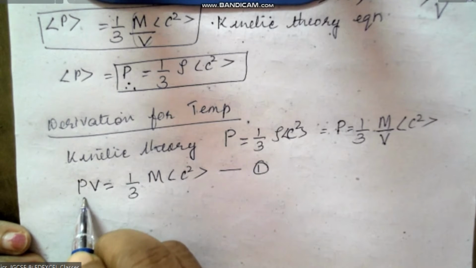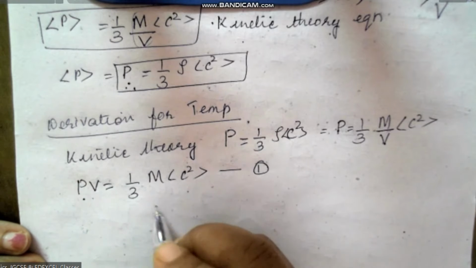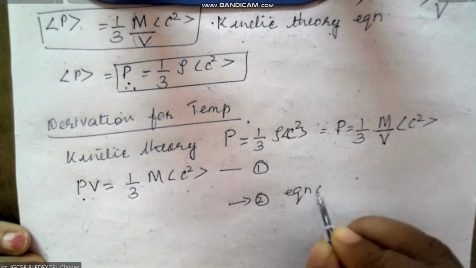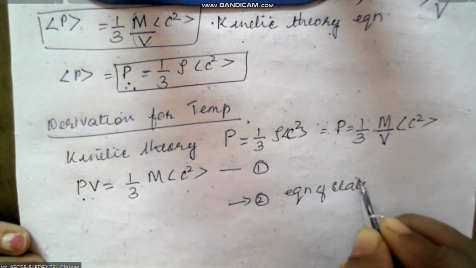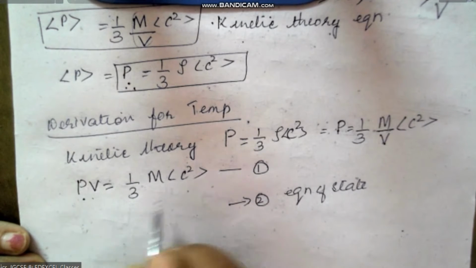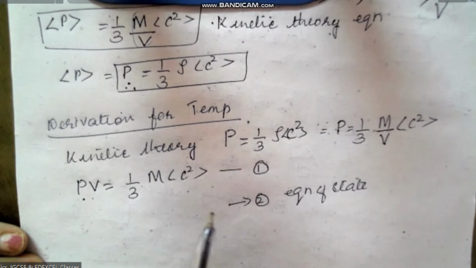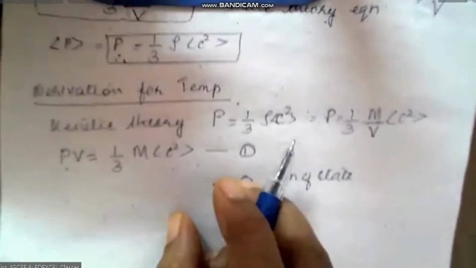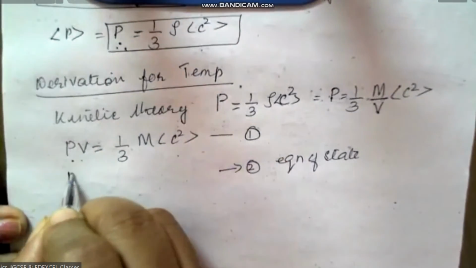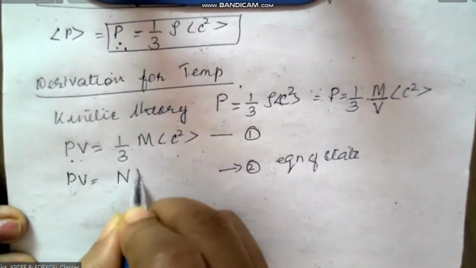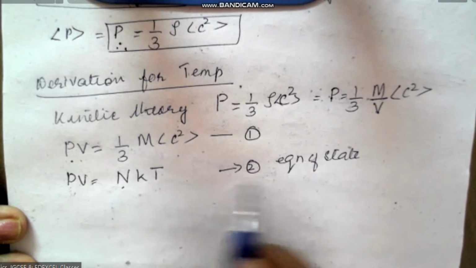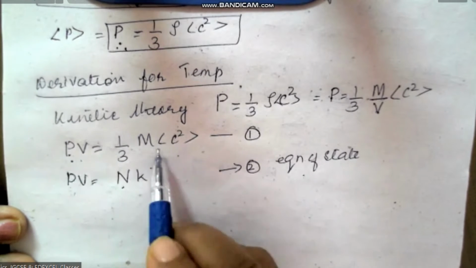This is according to the kinetic theory equation. Now you have also learned another PV equation from the equation of state of an ideal gas. For N number of molecules, PV is equal to NKT. This is the equation of state.